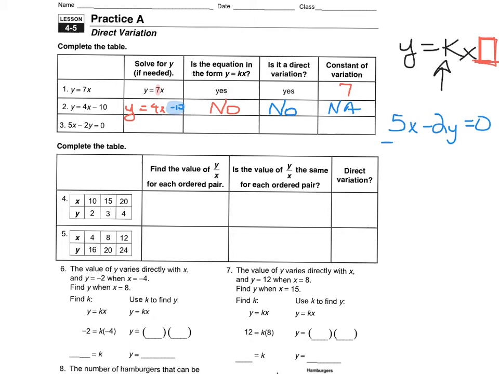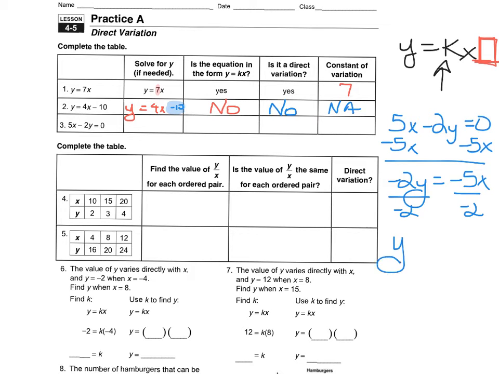So I need to move the 5x away from the 2y. So I'm going to subtract it from both sides. And then I'm left with negative 2y equals negative 5x. My y still isn't by itself. I need to divide both sides by negative 2.